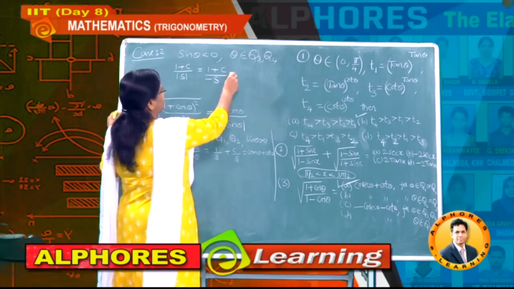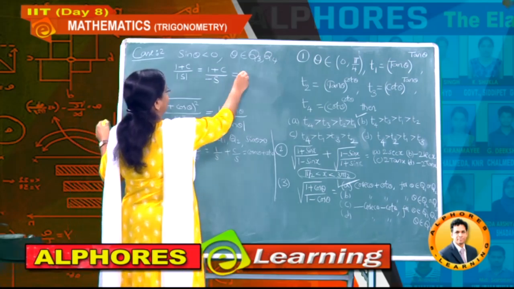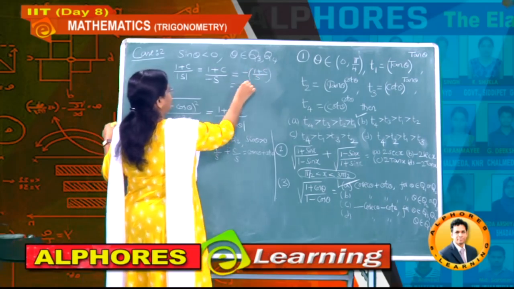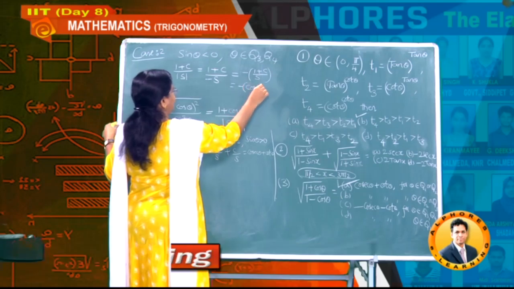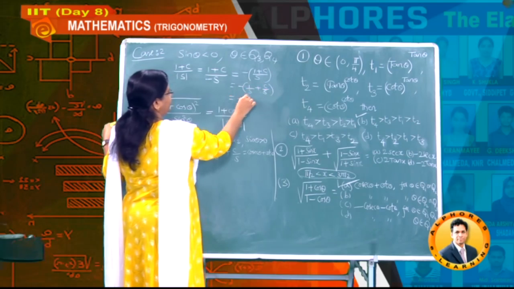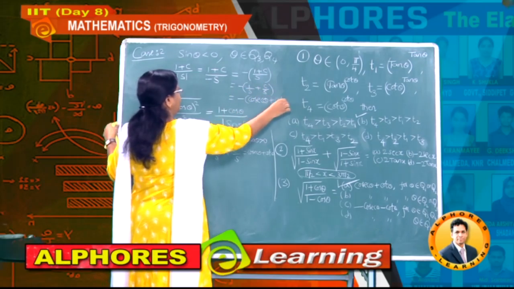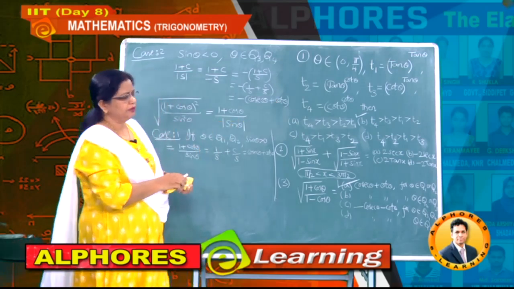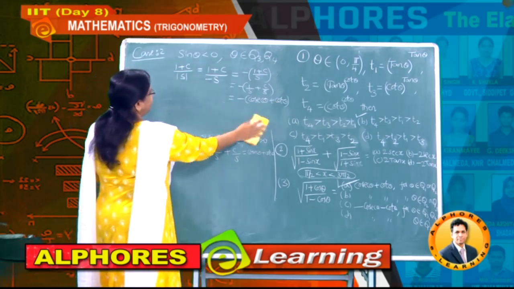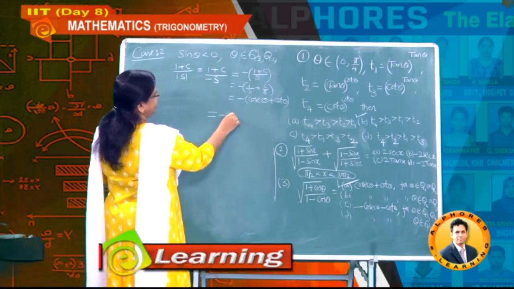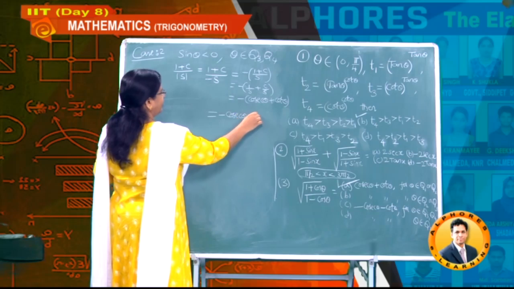Therefore if I take minus common, minus of 1 plus cos by sine, that is minus cosecant theta, that is 1 by sine plus cos by sine, that is minus of cosecant theta plus how much, students? So this is cot theta. Okay. Therefore finally what is the answer you got? It is minus cosecant theta minus cot theta.